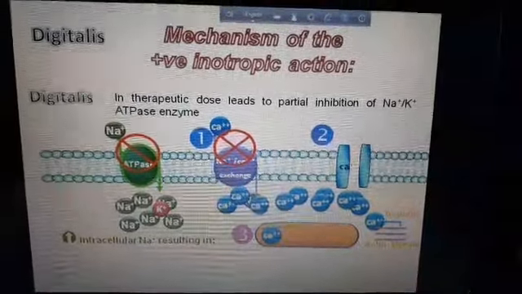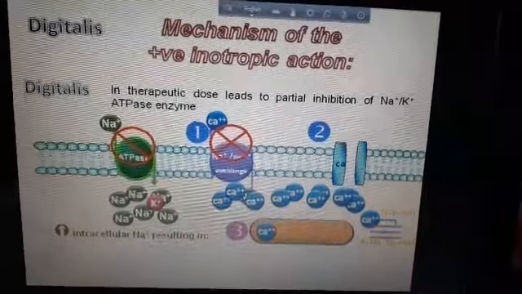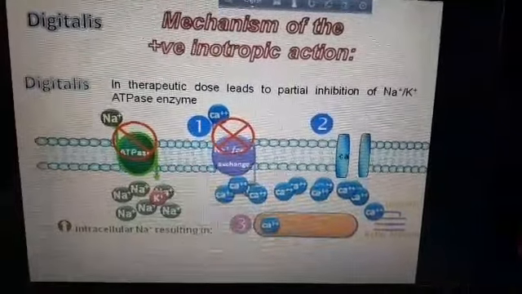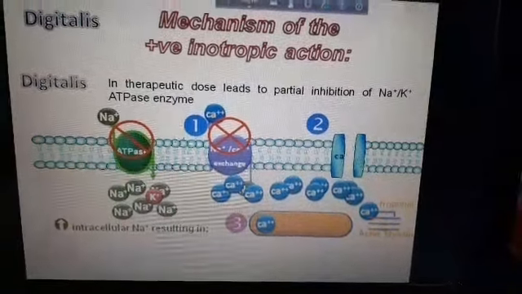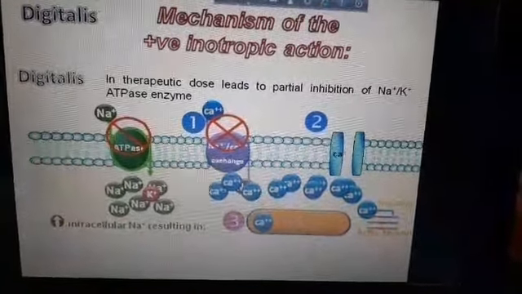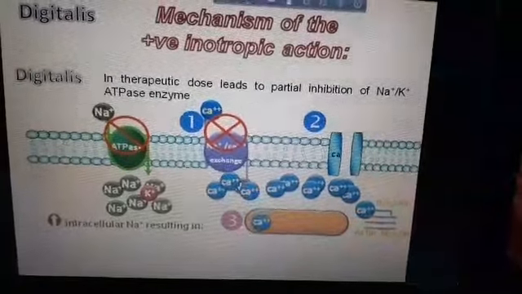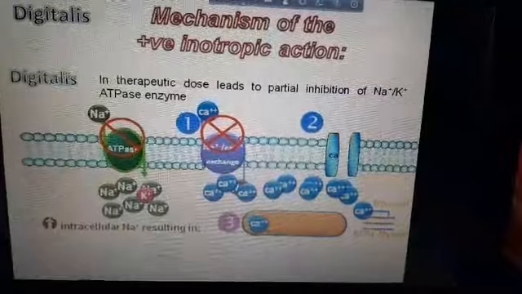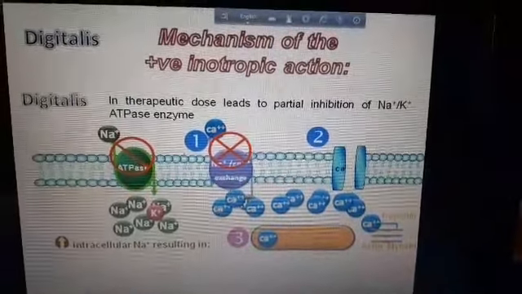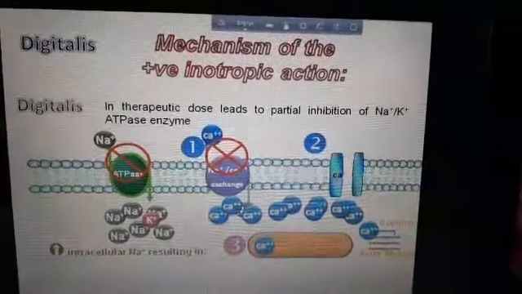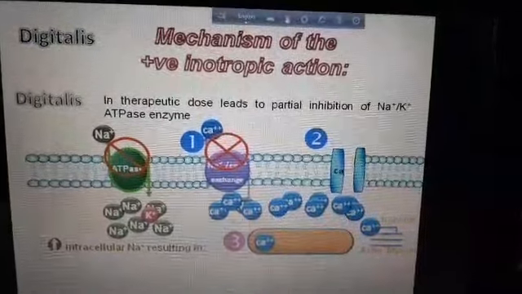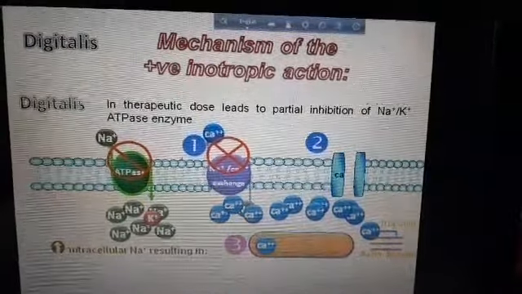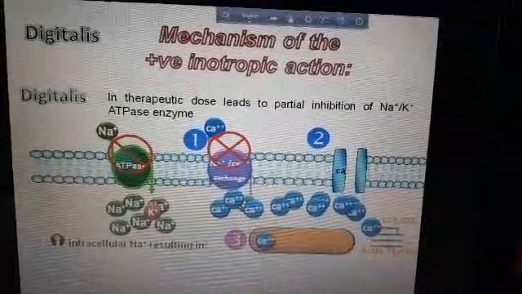The sarcoplasmic reticulum has a channel called the ryanodine receptor, which causes calcium efflux from the sarcoplasmic reticulum into the cytoplasm. And there is also a channel called SERCA, which, after this action is over, takes up the remaining calcium into the sarcoplasmic reticulum again.